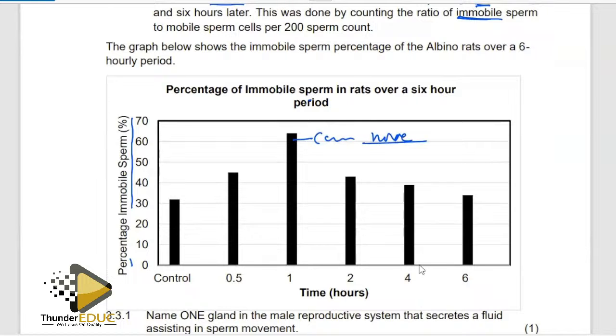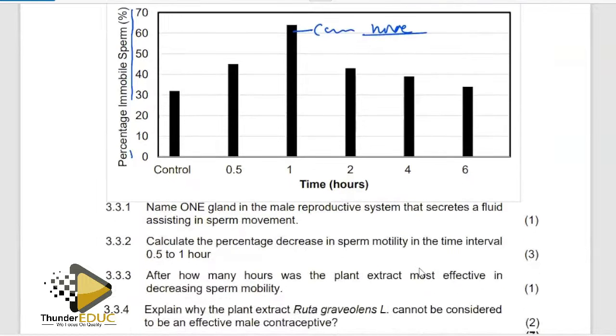You understand? Yes. Okay. Name one gland in the male reproductive system that secretes fluid assisting the sperm mobility. Remember, we said that this was a little bit changed. So they're saying just one gland. So we can talk about Cowper's gland. Yes.